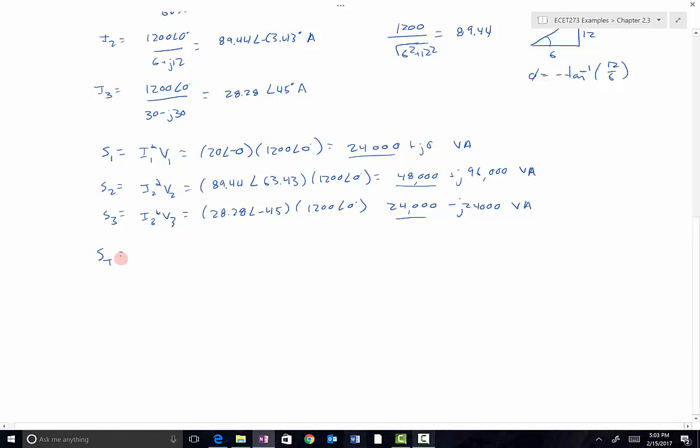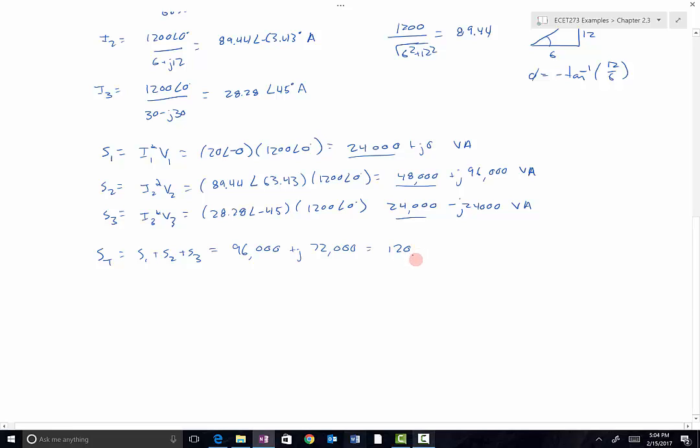Total complex power is just the addition of all of these. So I just add together S1 plus S2 plus S3. Power is additive in circuits, so I get 24,000 plus 48,000 plus 24,000 is 96,000 watts. And then I got 96,000 minus 24,000, so that's a positive j72,000 VARs.